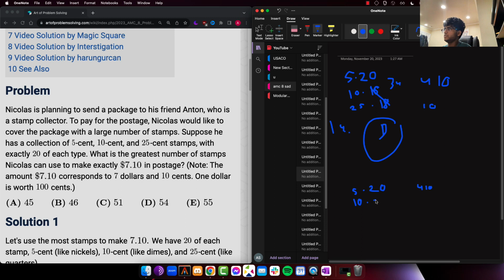20, and then you have 300, right? So you need 400 more, so you do this, and you have 10 left. But now what you need to do is say, okay, I need to make 10.